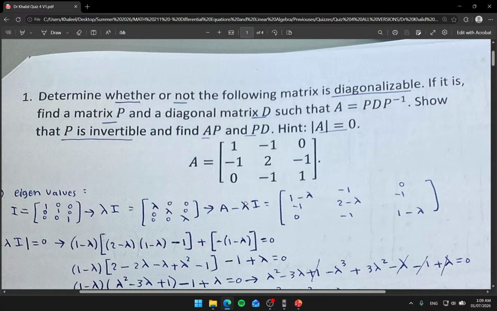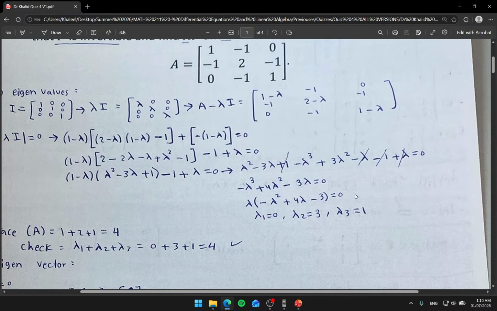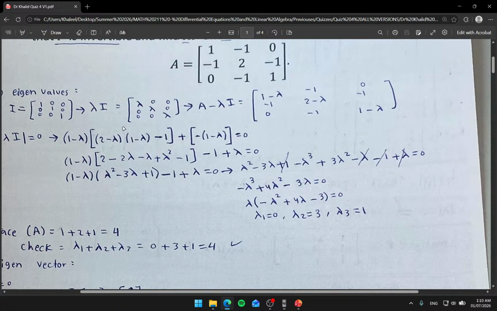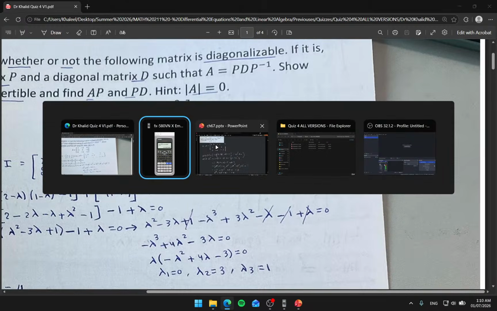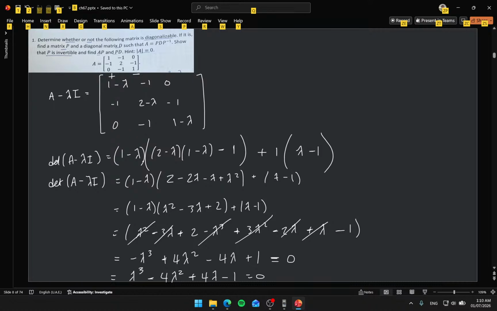Oh my. Am I doing something wrong? Yeah, I'm doing something wrong actually. What did I do? Wait, 1 minus lambda. That's understandable. Let's check. 1 minus lambda, negative 1, 0, negative 1, 2 minus lambda, negative 1, 0, negative 1, 1 minus lambda. Okay, cool. We expand along this. 1 minus lambda, 2 minus lambda times 1 minus lambda minus 1. Plus 1, that's lambda minus 1 minus 0.